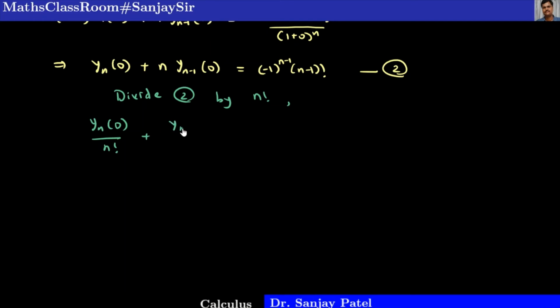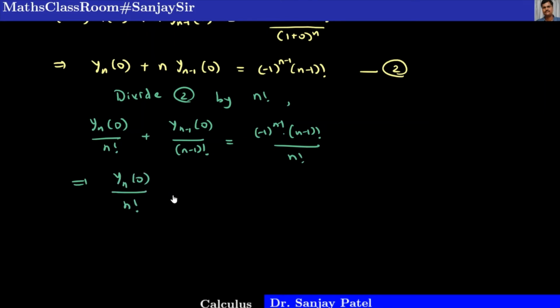So you will get y(n minus 1)(0) upon (n minus 1) factorial, and here minus 1 raised to n minus 1, (n minus 1) factorial upon n factorial. That gives you yn(0) upon n factorial plus y(n minus 1)(0) upon (n minus 1) factorial, and this I can write as minus 1 raised to n minus 1 upon n.